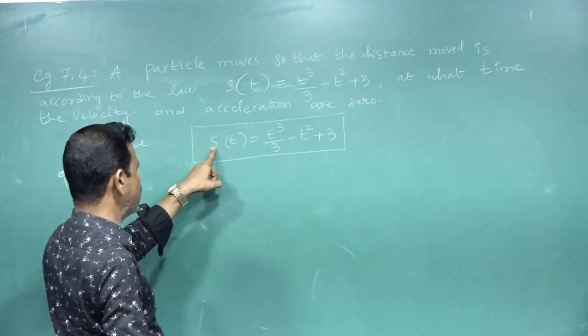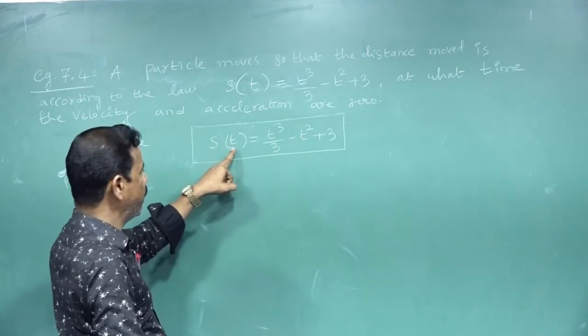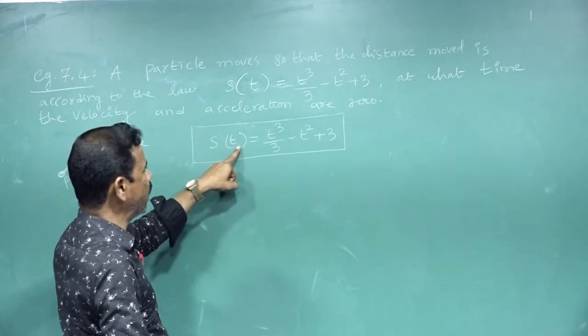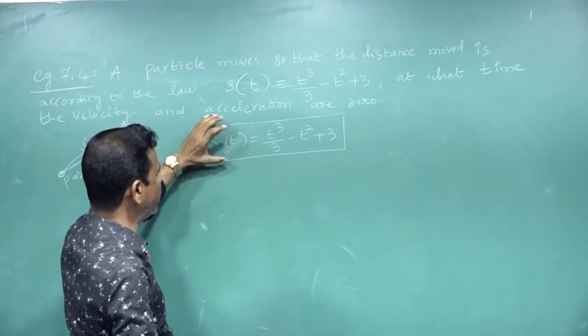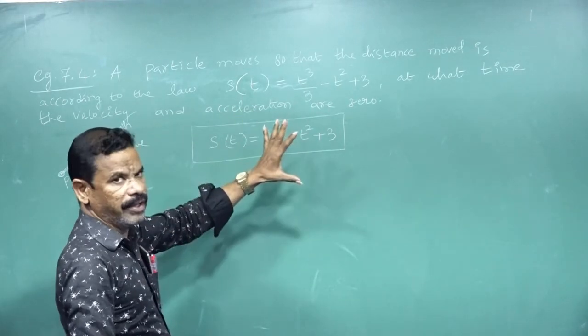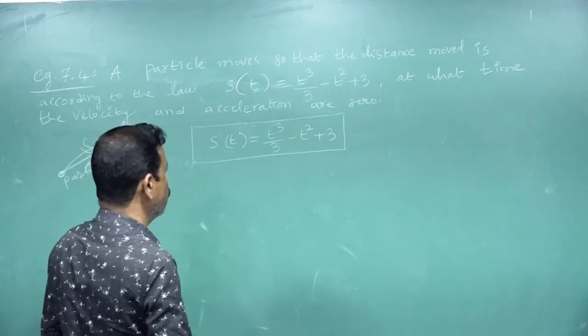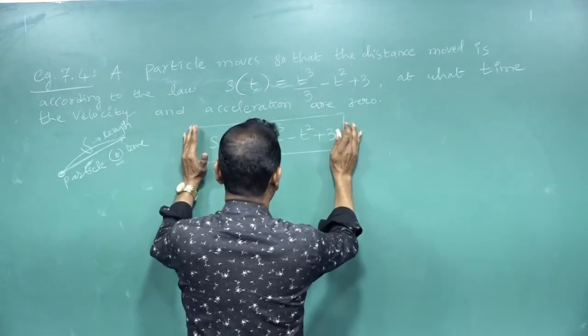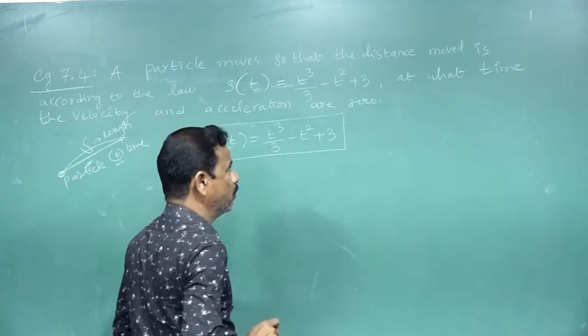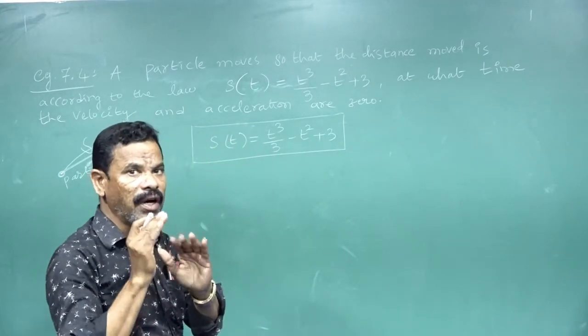What is s? S is the distance. t is the time in seconds. So this is called the function s in terms of t. The first derivative of this function is called the velocity.